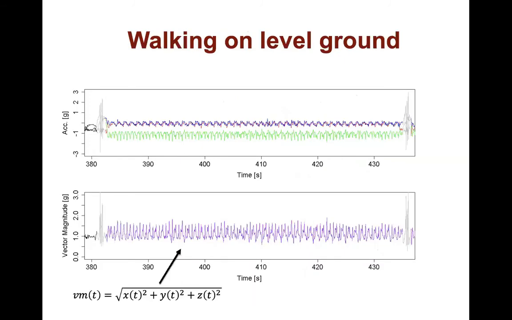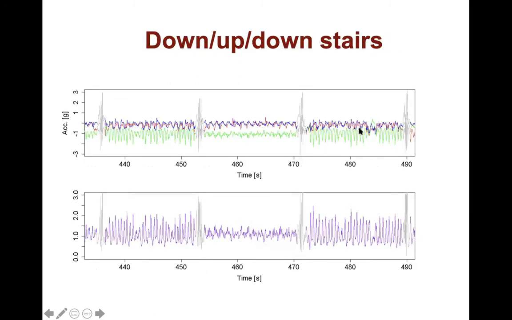So here, again, this is additional data from a study that we ran. Here we collected data when somebody was walking on level ground. And here what you see in gray is clapping that generates a lot of changes in the acceleration. We cannot claim that we came up with that, but we used it in our study. For us, it was a very nice timestamp within the data set where we could differentiate, so for example, this was walking on the flat ground.